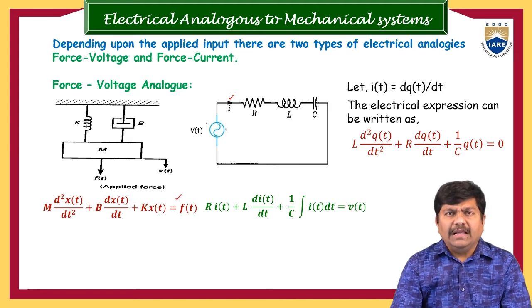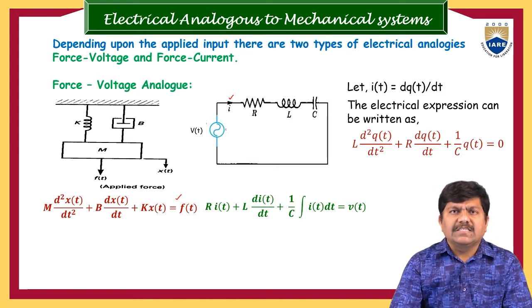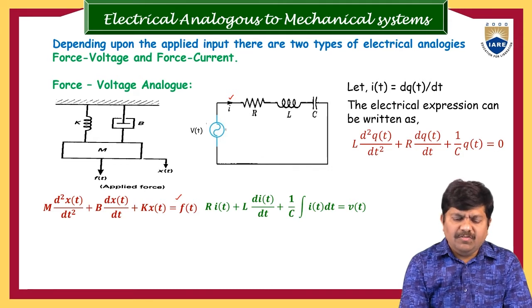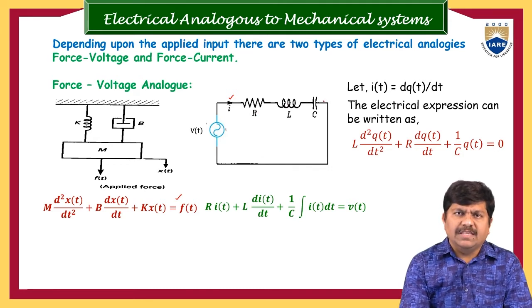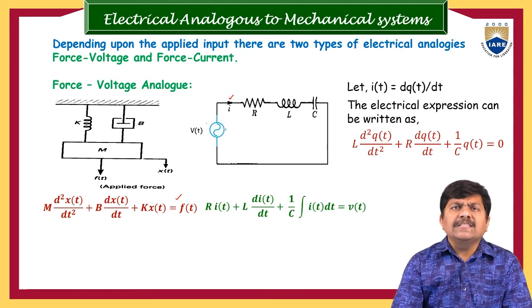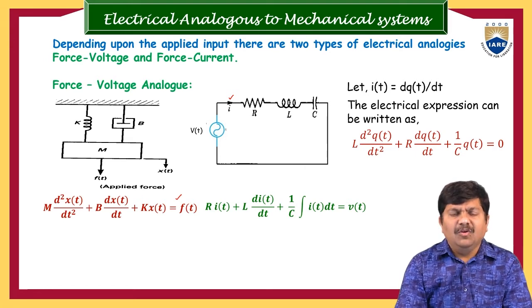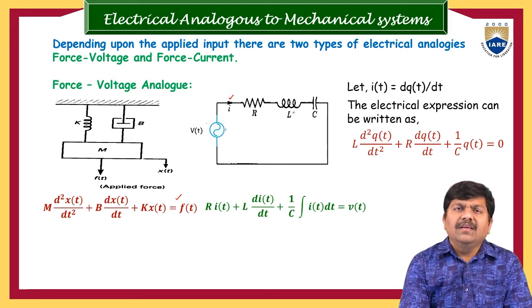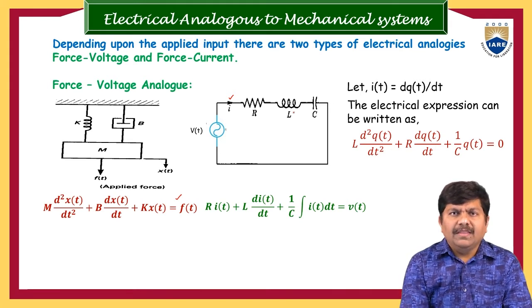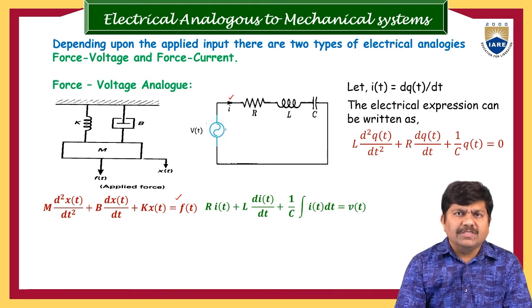Now this is about the mechanical system, and let us come back to the electrical system. Here in the electrical system, there is one voltage source with R, L, C. So let us use Kirchhoff's Voltage Law, which is also a fundamental law. We can make use of that fundamental law in the electrical engineering field to derive the mathematical equivalent of given electrical loops. Here there is only one loop, just as in the mechanical system only one mass unit is there.